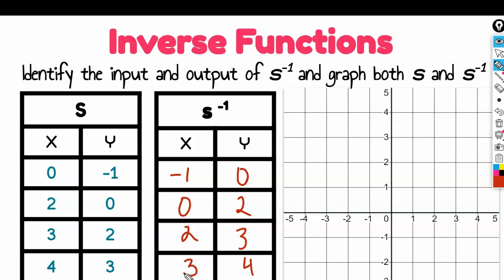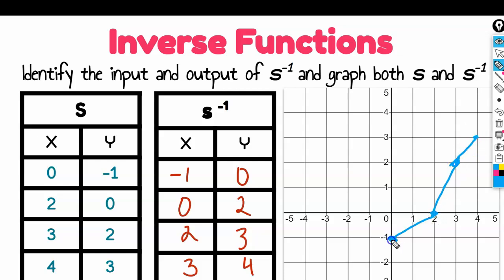And so the best way to check if graphs are inverses is looking at the points. So I always recommend looking at the points just to double check and making sure that they are inverses.